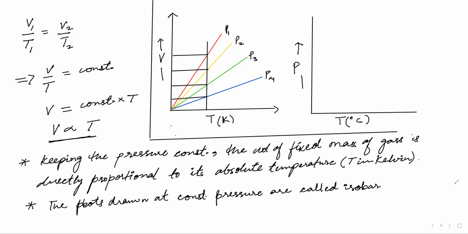How will the graph be, a straight line or something else? A straight line, hyperbola, rectangular hyperbola, parabola, what kind of graph will it be? Hyperbola. Okay, hyperbola. Anyone else? No one? I guess it will be straight.